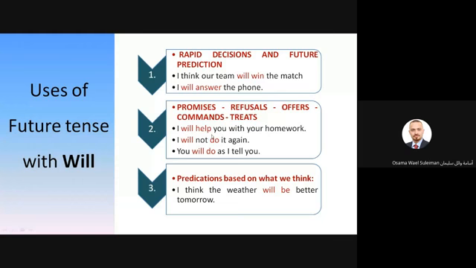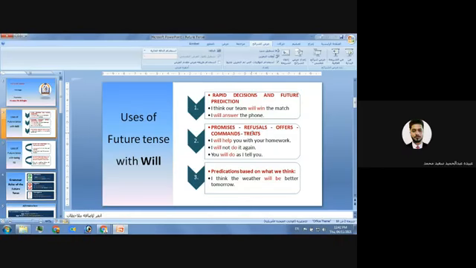For example, I will help you with your homework. So what is this? What's the function of this sentence? What's the implied meaning? المعنى الضمني لهاي الجملة إيش يعني؟ هل هي promise؟ هل هي offer؟ Offer?